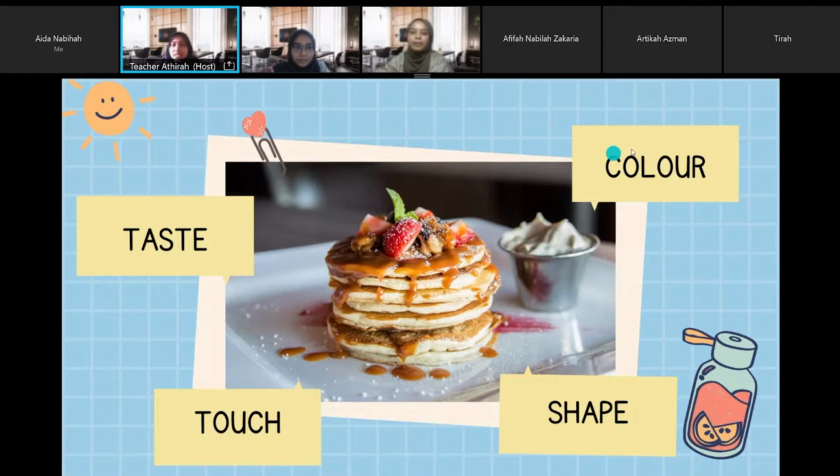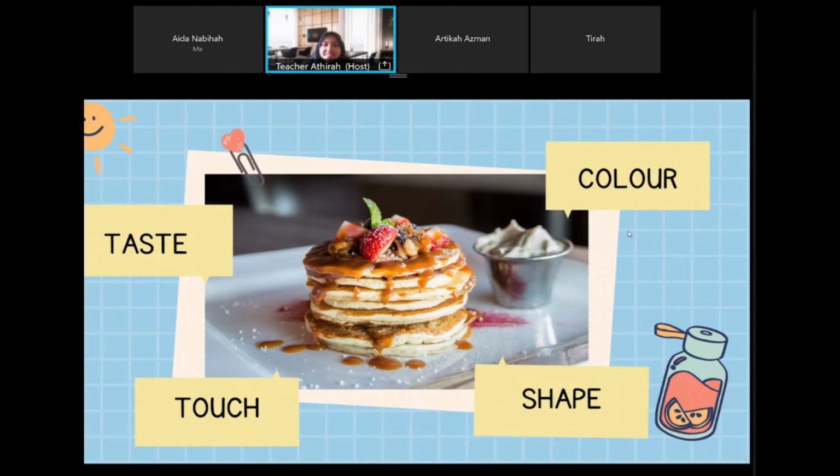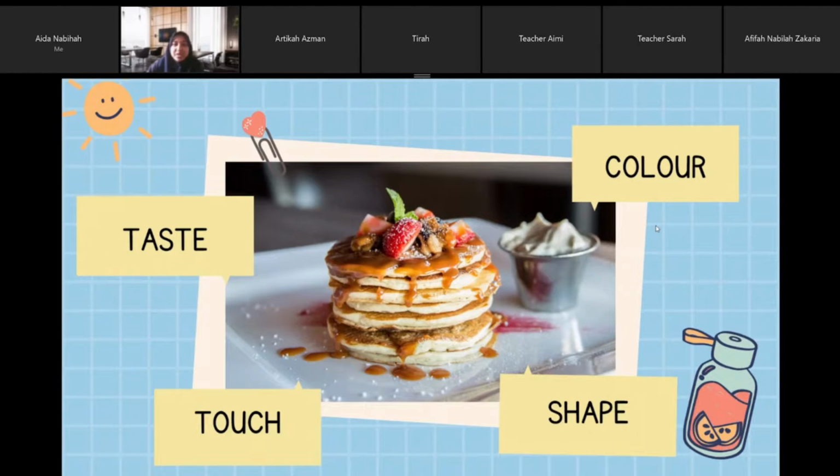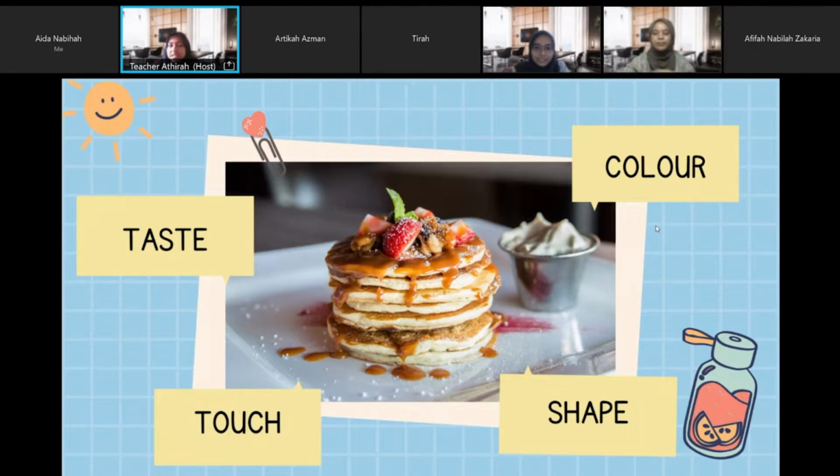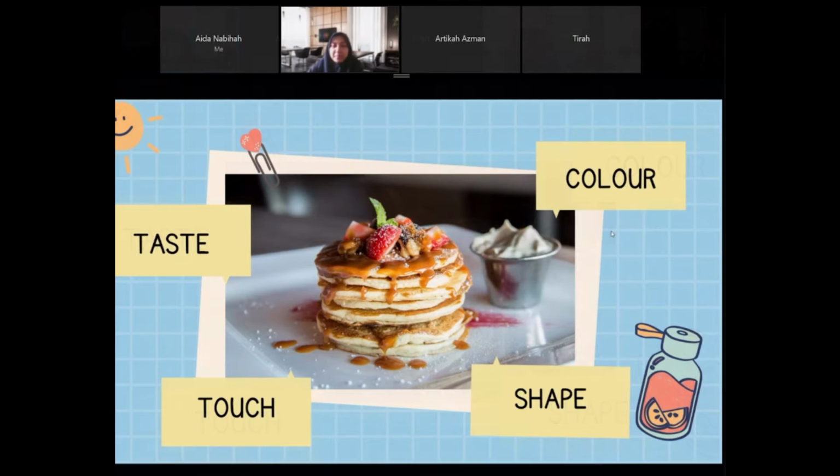Next, what is the color of a pancake? Brown, teacher. Brown, right? I can see Ida writing in the chat box. She said brown. Next, what is the shape of a pancake? Circle.